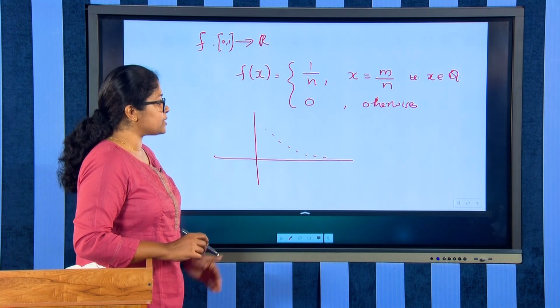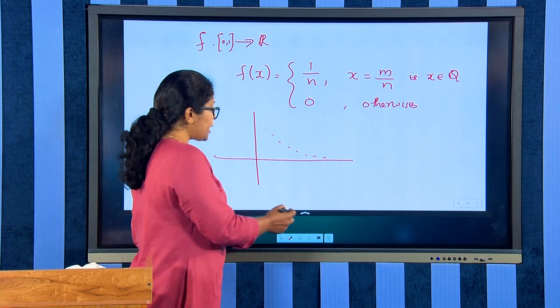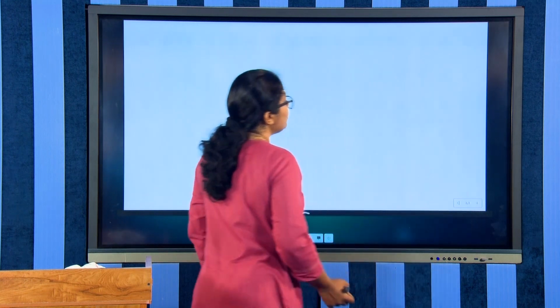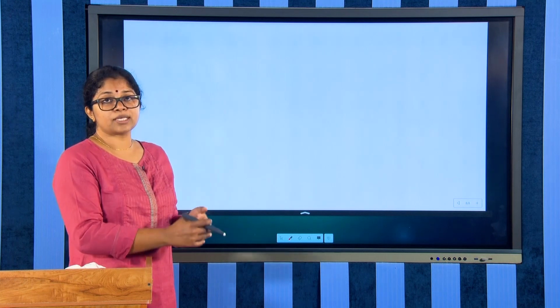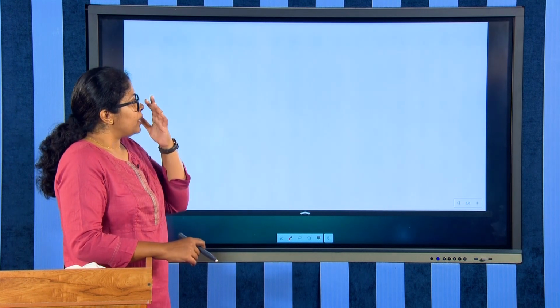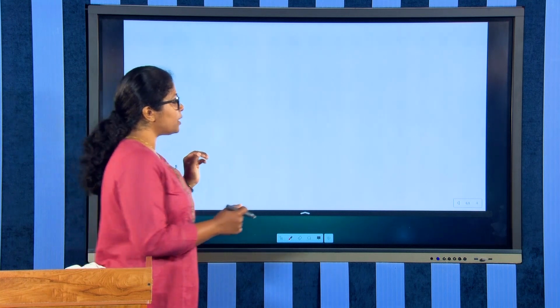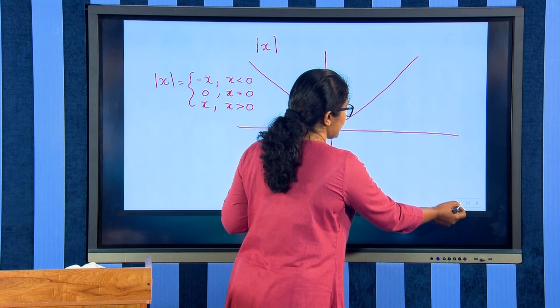So, these two are examples of discontinuous functions, and we can see that there are many other cases of discontinuities, which are removable discontinuity, infinite discontinuity, jump discontinuity, and so on. So, removable discontinuity is the case that we have seen in the first slide or first case.